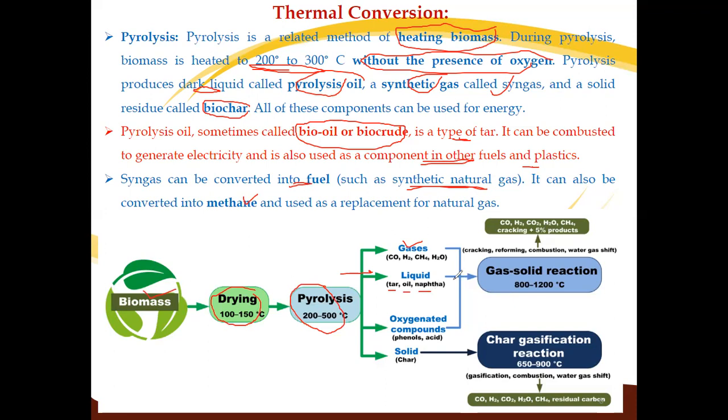Then for this liquid fuel, in the gas solid reaction, we have a temperature of about 800 to 1200 degrees Celsius. By cracking, reforming, and combustion, we convert this again into gases like CO, hydrogen, carbon dioxide, CO2, H2O, and methane, plus cracking products.